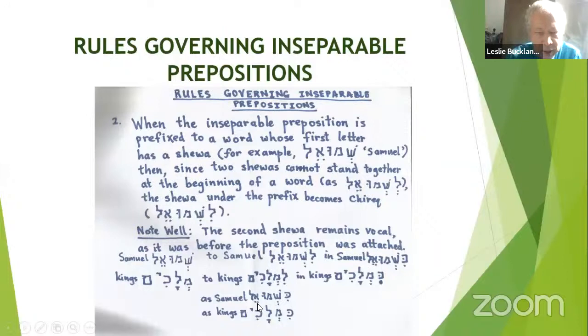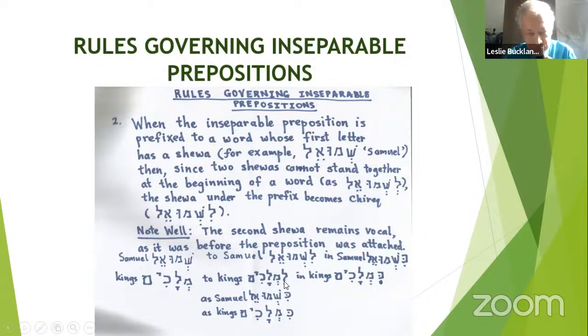Ki shemuel as Samuel. Okay, let us look also at the plural noun melakim, which is the plural of melech, or king. Melakim means kings.